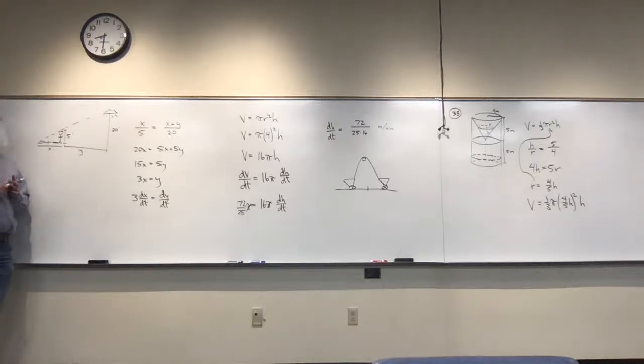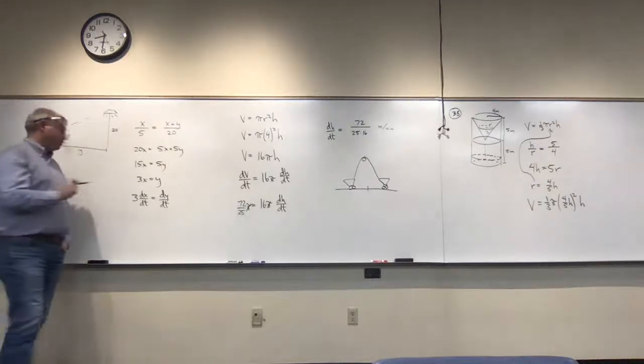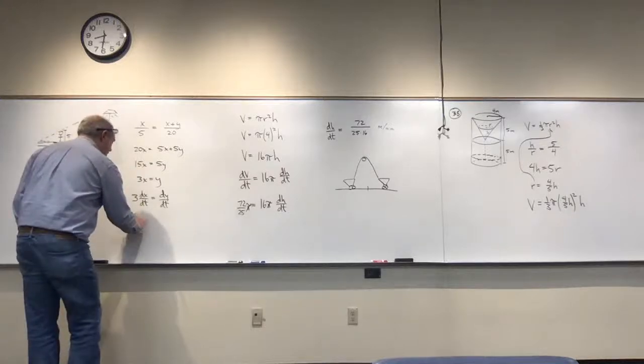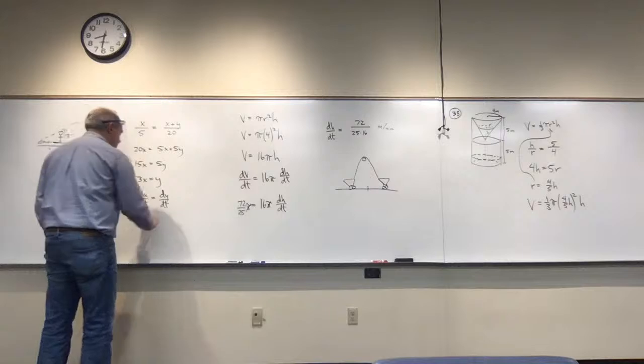Y, yeah, so y is changing, so that's dy/dt. Is it a positive number or a negative number? Negative, because y is getting smaller. So dy/dt should be what? -8.